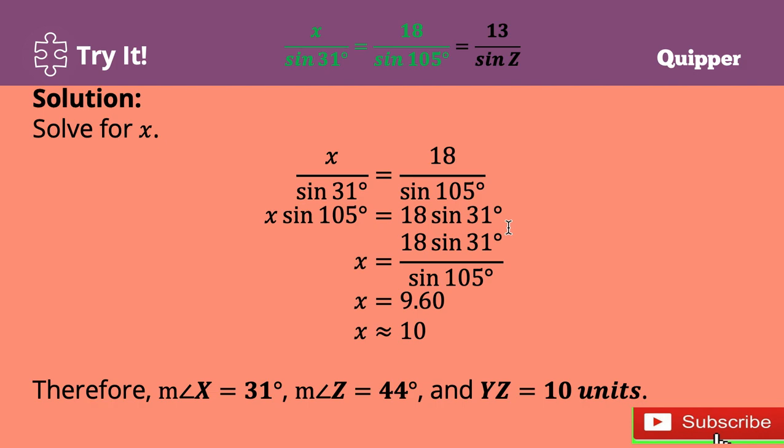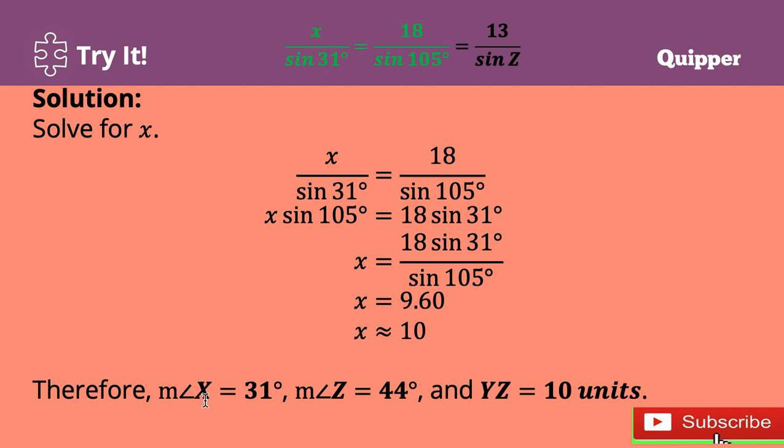Then dividing both sides by sine 105 degrees, we have x is equal to 18 sine 31 degrees over sine 105 degrees. Then using a calculator, x is equal to 9.60, and that is approximately 10 units.